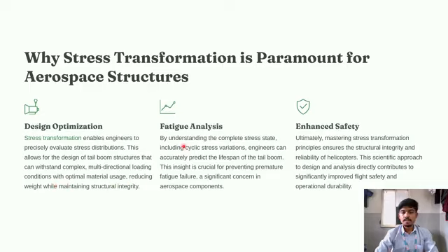The second is fatigue analysis. By understanding the complete stress state, including cyclic stress variations, engineers can accurately predict the lifespan of the tail boom. This insight is crucial for preventing premature fatigue failure, a significant concern in aerospace components.